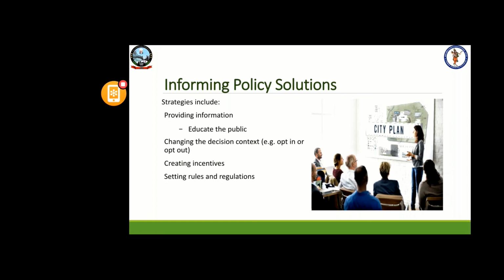Strategies include providing information, educating the public, changing the decision context, creating incentives for making sustainable plantation or sustainable smart cities, setting rules and regulations. Rules can be set and effectively regulated and monitored.